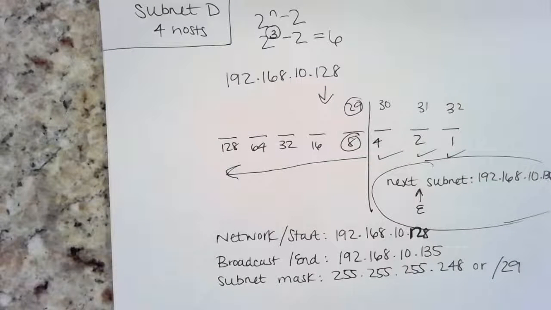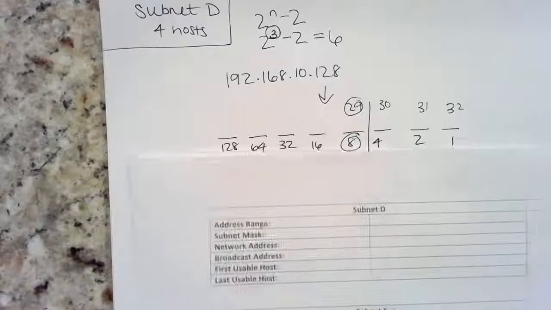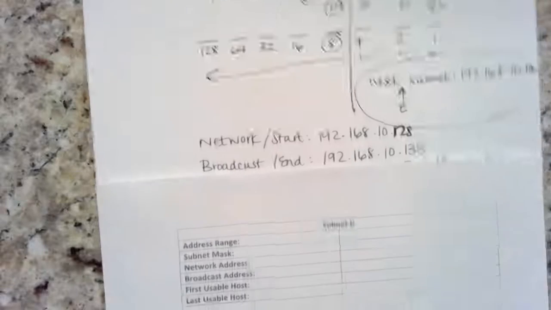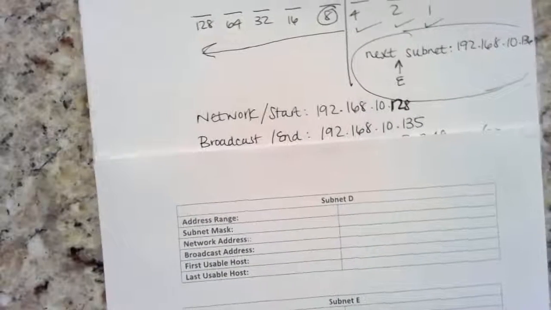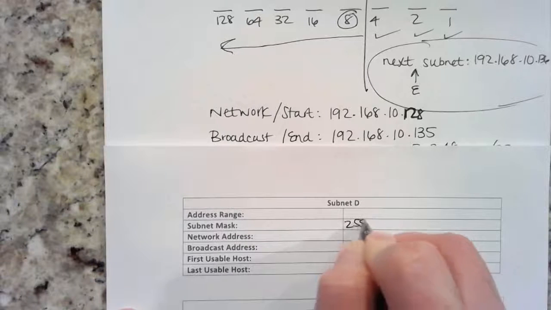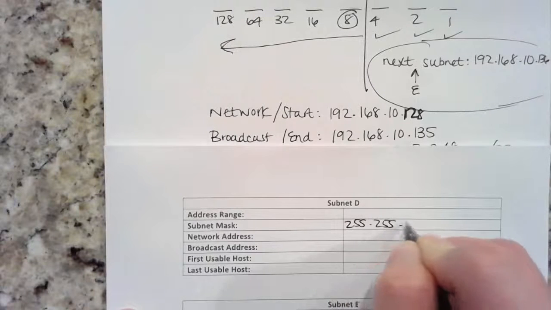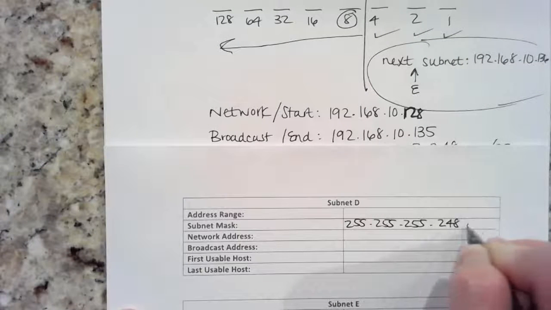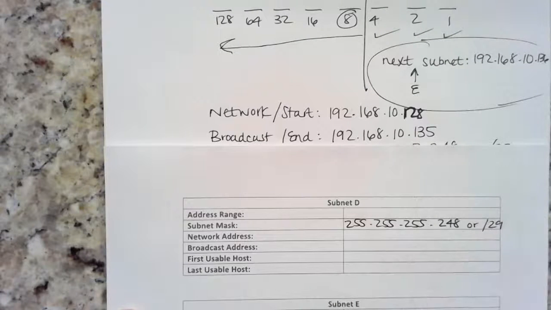Okay. So if we look at our other page over here for subnet D, we're filling it in here. Our subnet mask is 255.255.255.248 or slash 29.